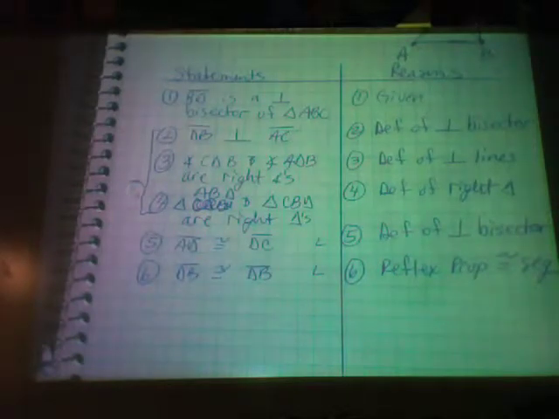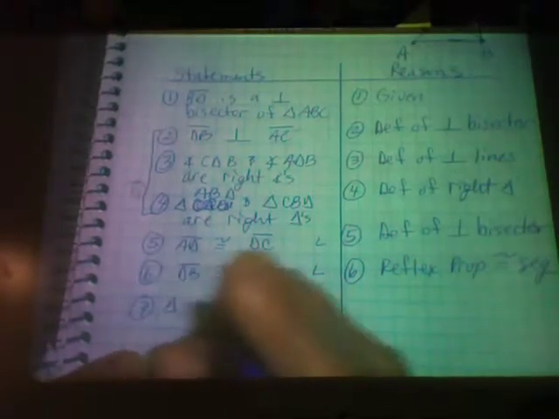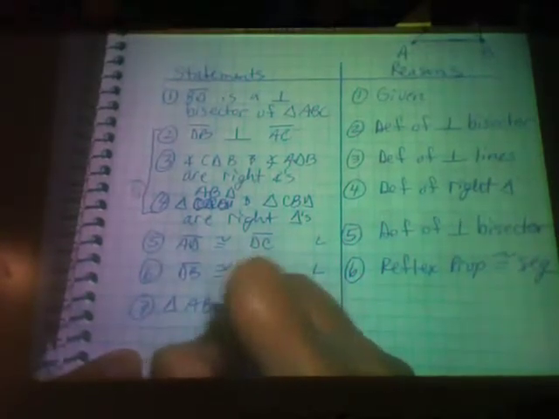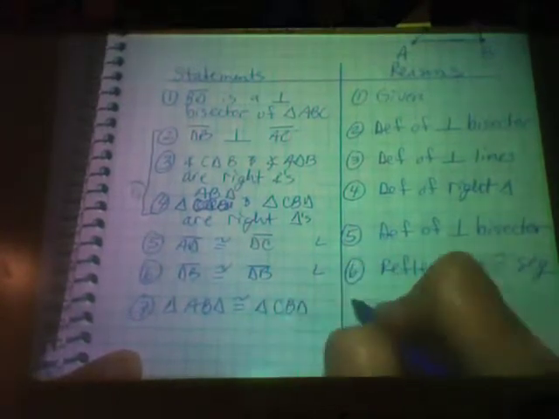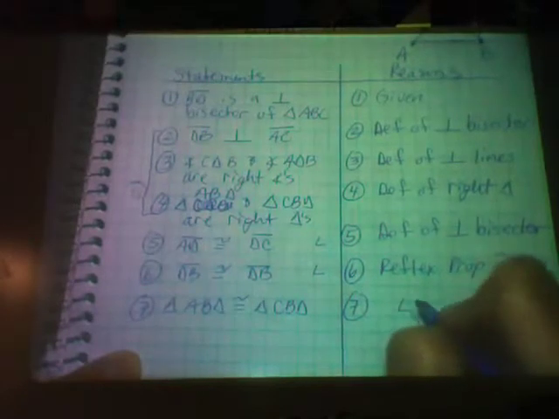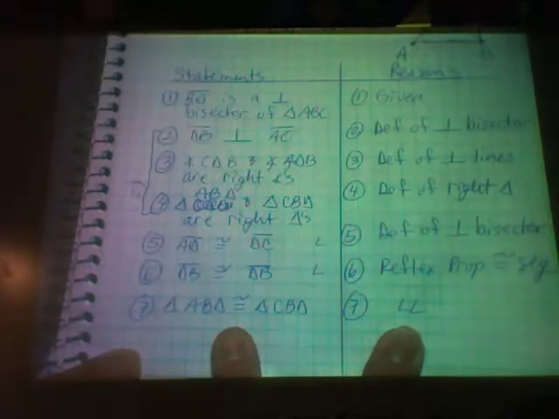Yeah, I've proven the triangles congruent, haven't I? So number 7 is our prove statement, and you have to write exactly as it says. Triangle ABD is congruent to triangle CBD. Why? LL. The reason for the congruent triangle statement has to be HA, LA, HL, or LL.